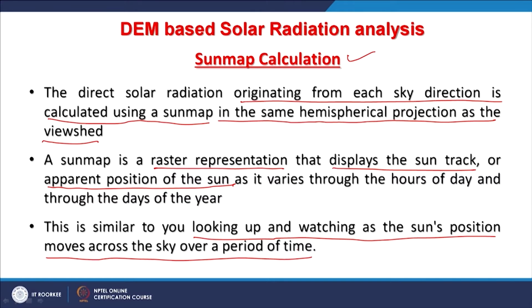So the sun map calculation will consider all this: how the sun changes during the day with reference to that particular location, and also across seasons, because in winter the sun is at a larger distance from the earth, and therefore there are changes.